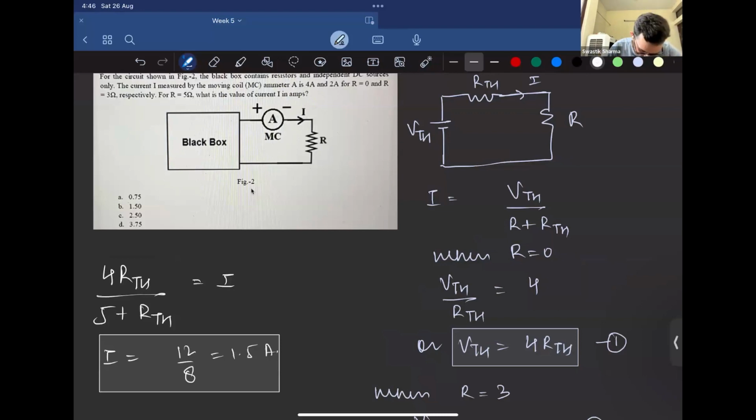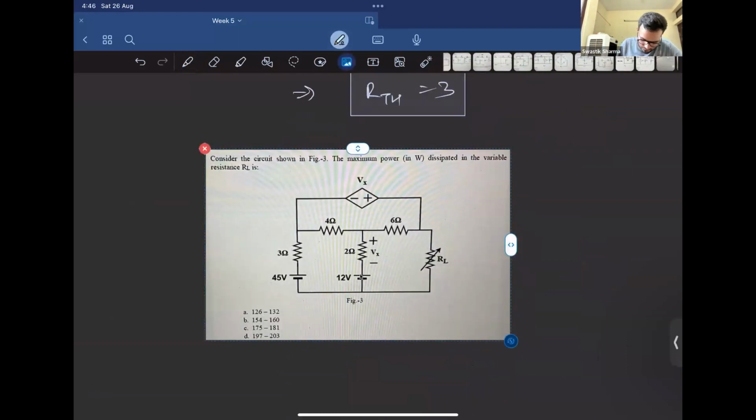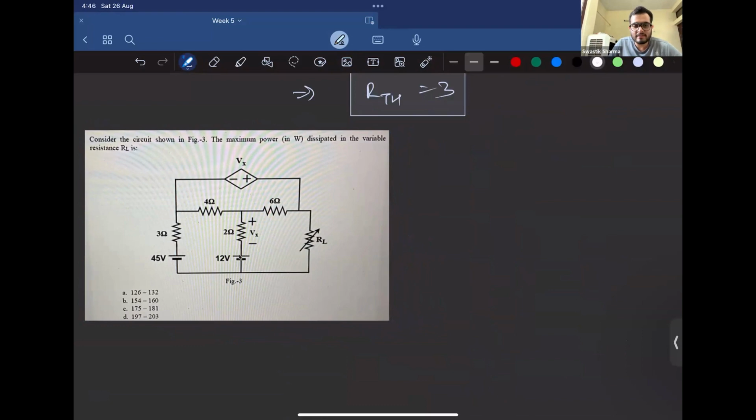Okay, she left. Hmm, so it's again the question of maximum power dissipation. So how do we solve it?